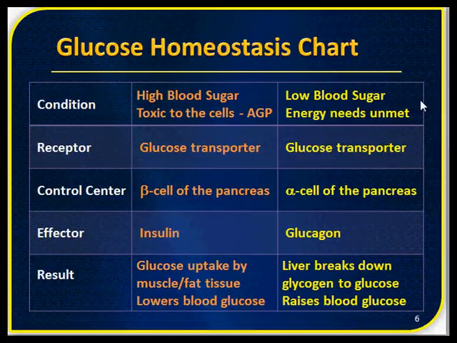Whereas when the blood glucose is very low, energy needs are not met, immediately the body is informed, glucose transporters know that there is little glucose, alpha cells of the pancreas are stimulated, and glucagon, the counter-regulatory hormone to insulin, is the most important one released from the pancreas, and this stimulates the breakdown of glycogen in the liver to glucose and raises the blood glucose.